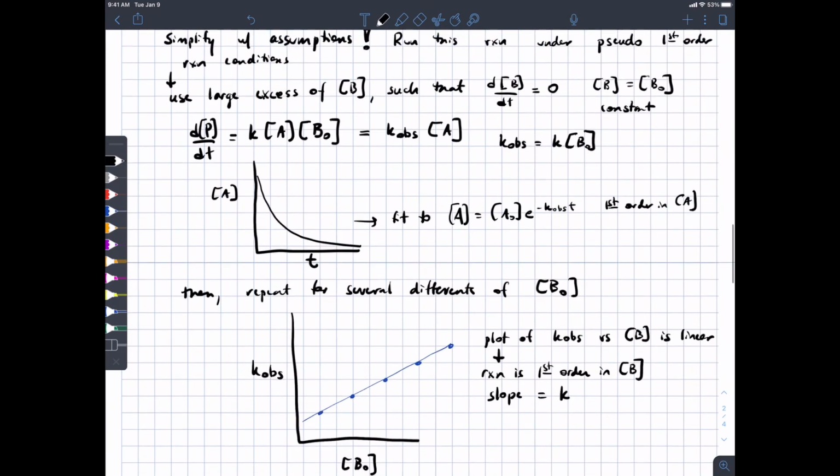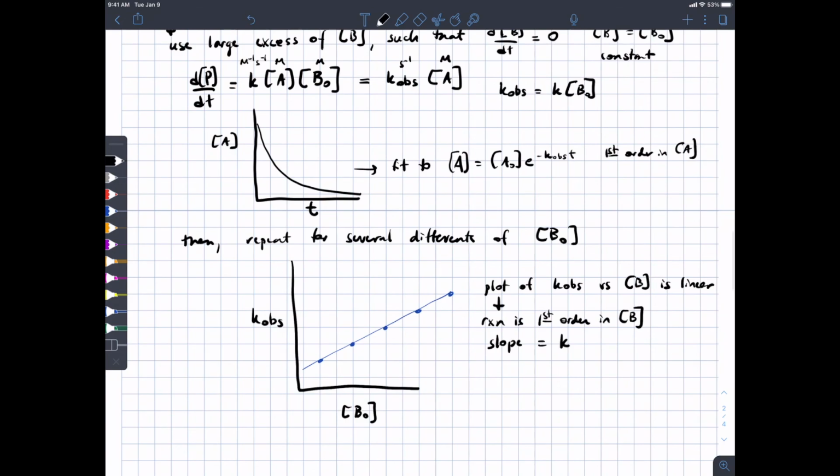This works out with our units, right? k needs to be in per molar per second, whereas k obs can just be in per second and A is in molar. k obs in per second here, B in molar, so the slope of k obs versus B will be per second per molar. So those are the correct units.